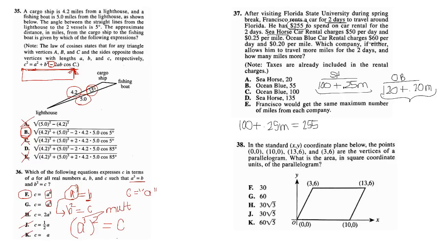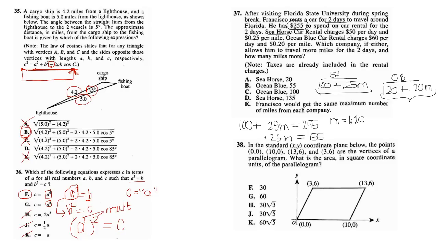And if we subtract 100 over and then divide by 0.25, and I'm going to go ahead and write that out, 0.25 m equals 155, and we divide both sides by 0.25. So here m is going to be 620.